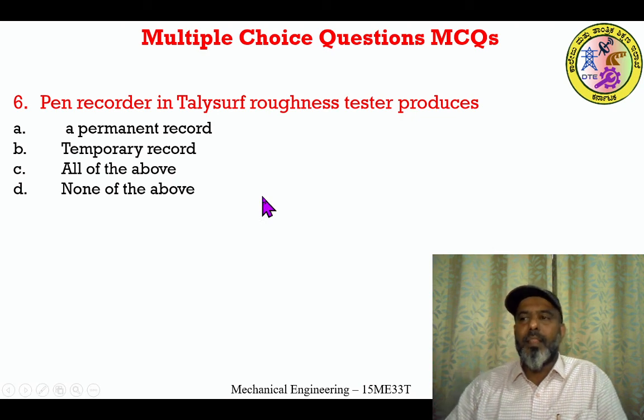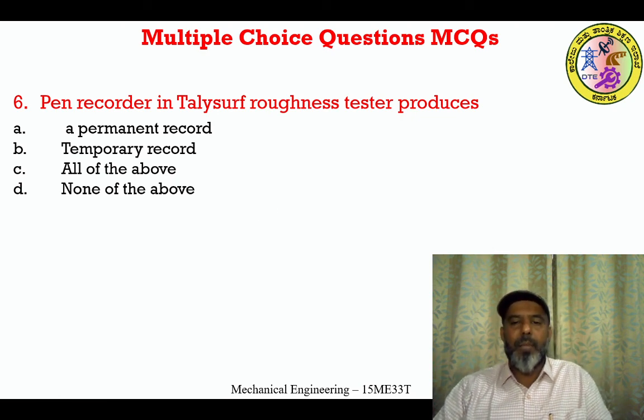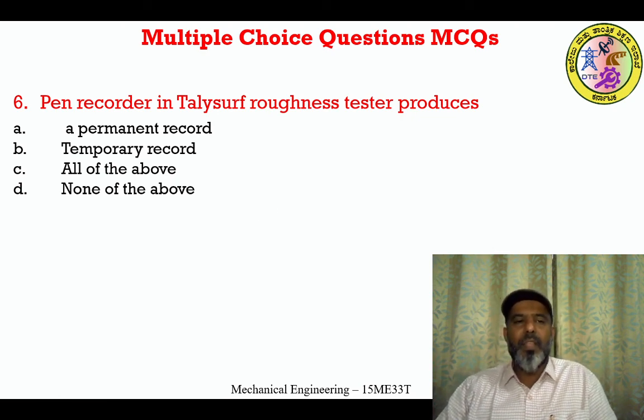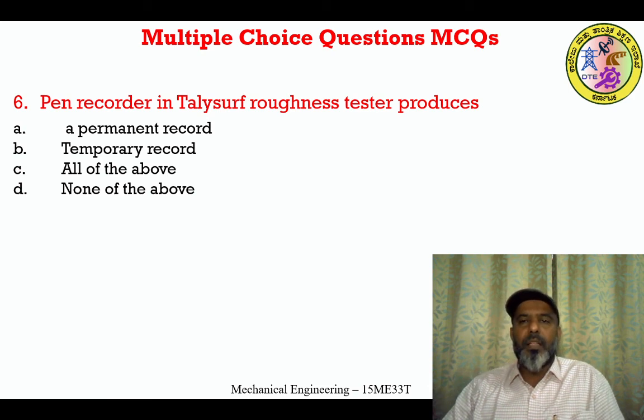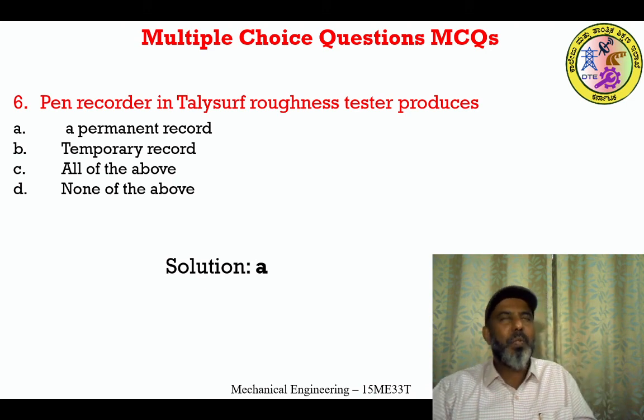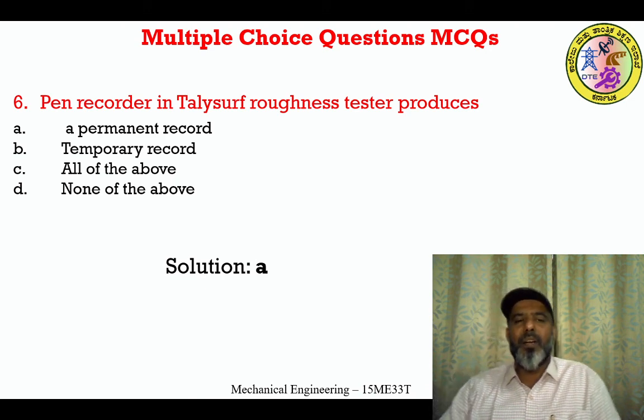Yes, try to answer. The answer will appear within 15 seconds. The pen recorder produces, yes, the answer is A, that is, it makes a permanent record for future reference.